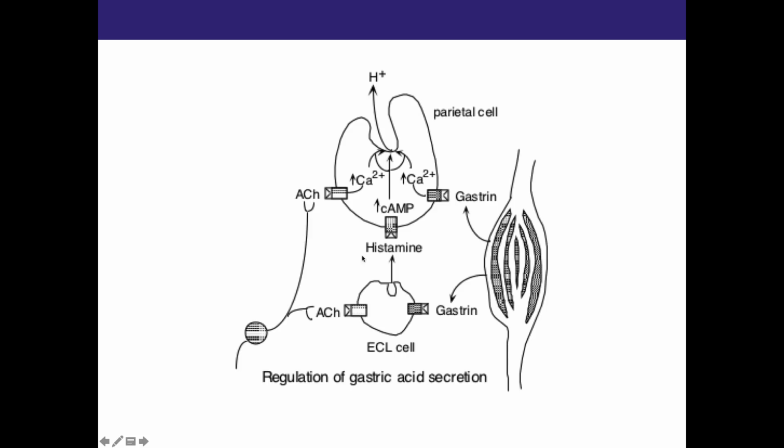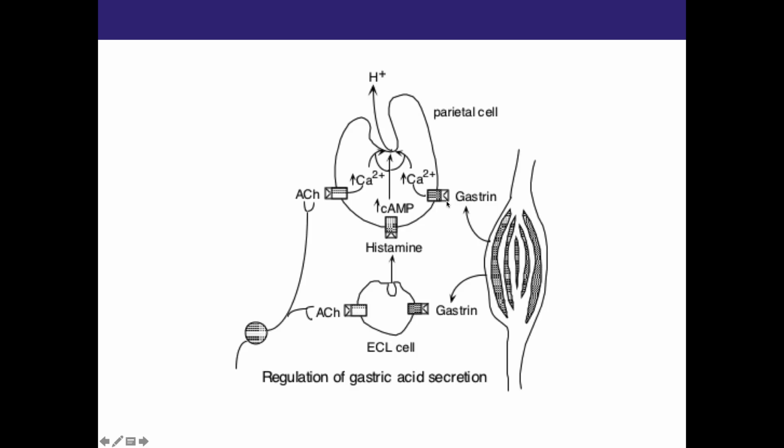But histamine is not on board yet. It's just a little bit of gastrin from those G cells. It's secreted into the circulatory system, and then it feeds back to the parietal cells in the stomach. Gastrin has receptors on those parietal cells.